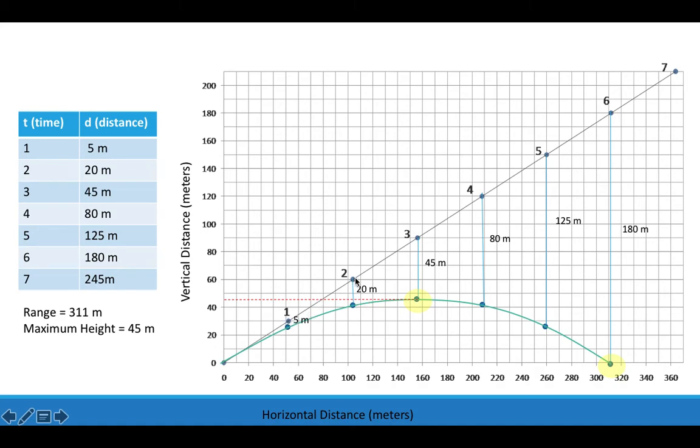We would have to put these dots on here so they're equally spaced and that they represent the distance the object would travel if it was moving at a constant speed. So remember, these are all 60 meters apart. And then we would have to figure out how far it falls off of those paths. So regardless of your picture, these distances, 5 meters, 20 meters, 45, are always the same that it falls off of that path after each second.